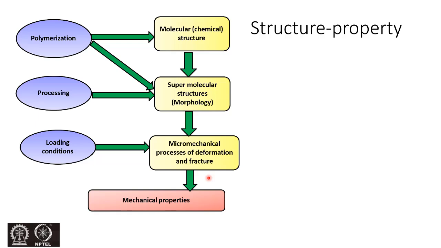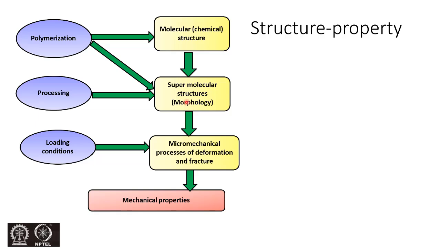The structure and property correlation we can observe with the help of microscopy or electron microscopy. Suppose in a polymer we have a molecular structure, and we do some processing on it, or apply some loading condition, and we want to check the mechanical property of the system, this actually affects the property of a material.